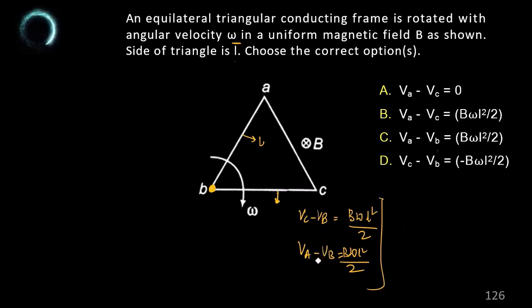Ultimately it is 0. VA minus VC is 0. VA minus VB is B omega L square by 2, this is also correct. VC minus VB is also, no, this is wrong.